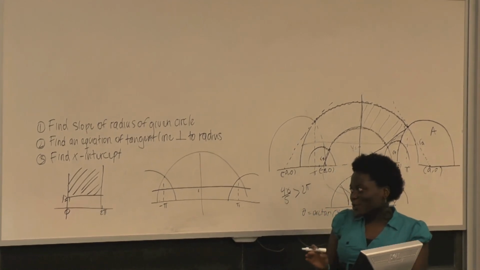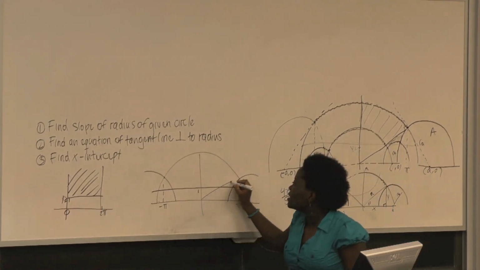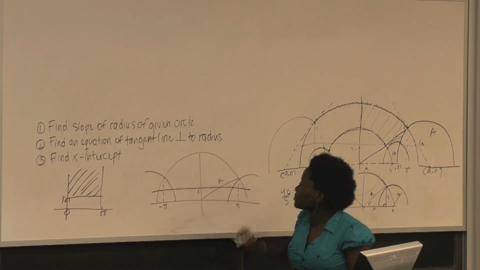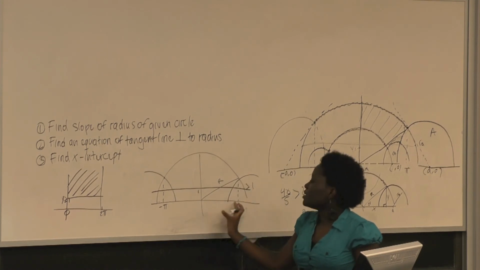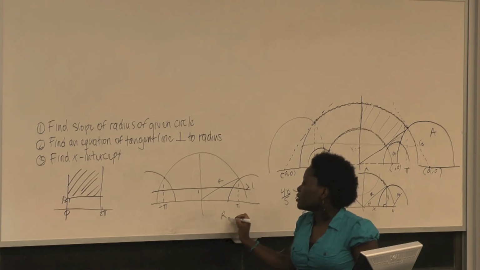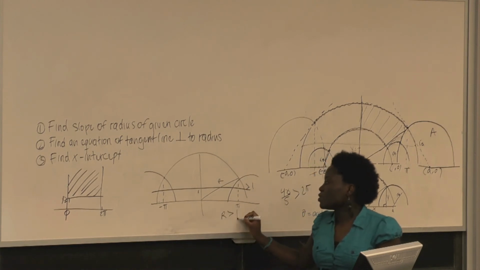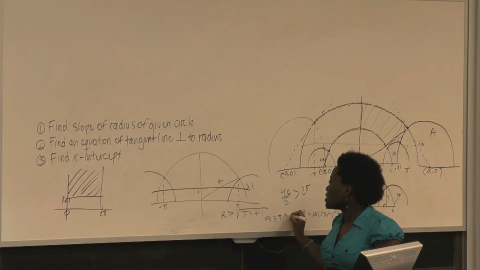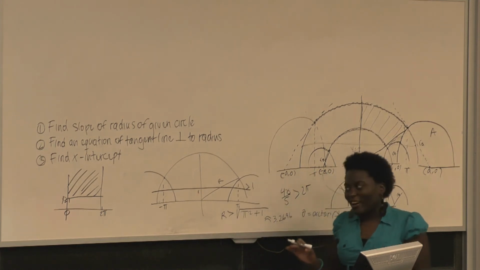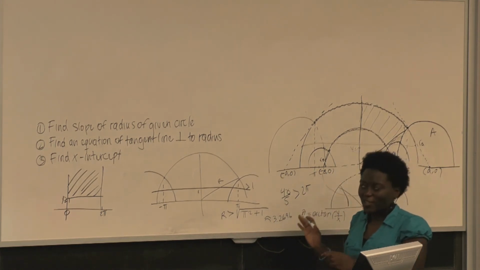The only thing I know for sure is that, given that this is capital R, and this has to be greater than 1, and this is pi, I want R to be greater than the square root of pi squared plus 1. Right, so I want R to be about 3.2696. So all I know is that R has to be greater than that. How much greater, I don't know.